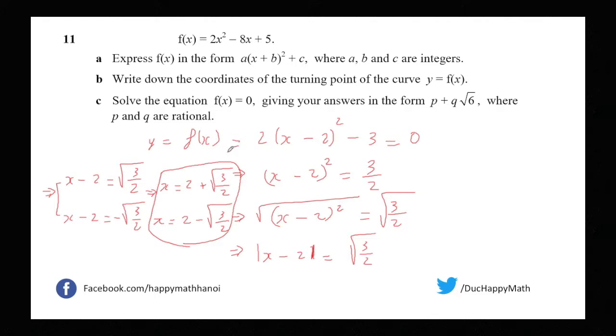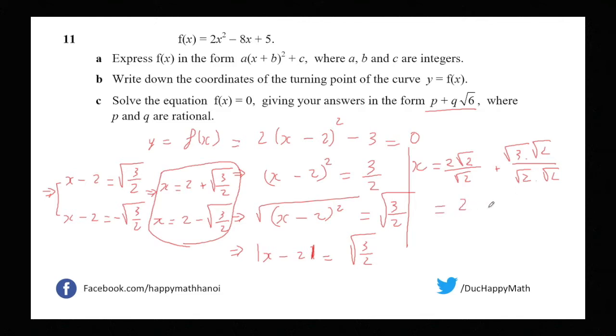Okay. Now I change this form to become p plus q square root of 6. This one has to be the square root of 6, so I have to multiply by the square root of 2 more. So x1 will be equal to 2 square root of 2 divided by square root of 2, plus the square root of 3 times the square root of 2 over the square root of 2 times the square root of 2.